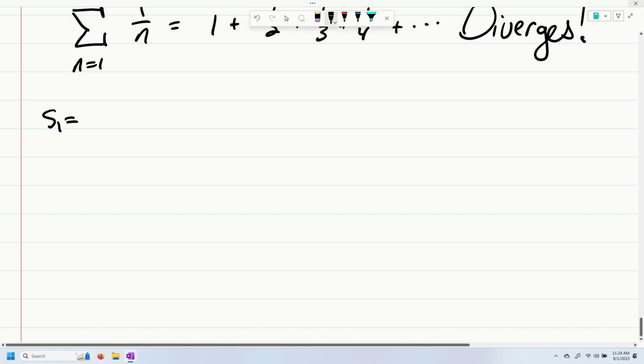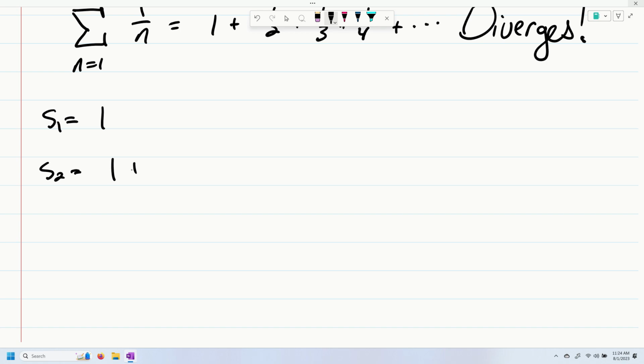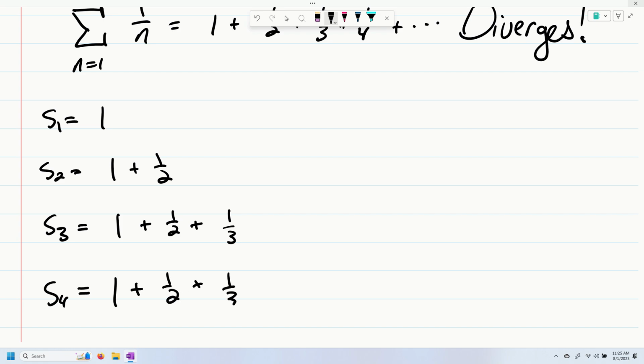Our first partial sum is going to be 1. The next partial sum is 1 plus 1/2. The next partial sum is 1 plus 1/2 plus 1/3. So although the next term we add is smaller than the previous, it's not small enough. What we say is it's not getting small quick enough.